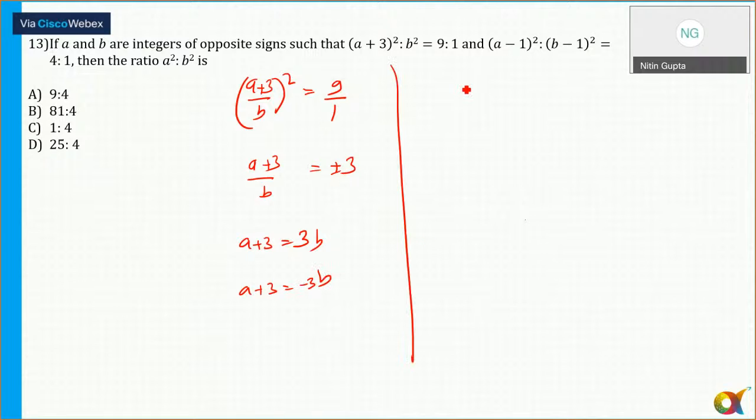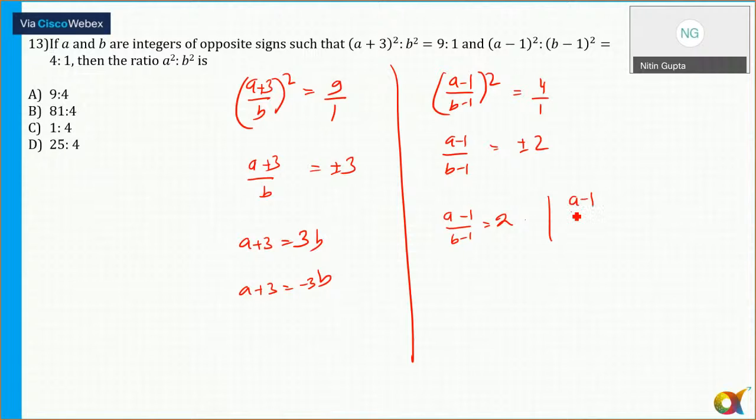Second case, A minus 1 upon B minus 1 whole square, so in that case it will be equal to 4 by 1. So I can say A minus 1 upon B minus 1 is equal to plus minus 2. So one of the cases will be A minus 1 upon B minus 1 is equal to 2, and the second possibility is A minus 1 upon B minus 1 is equal to minus 2.